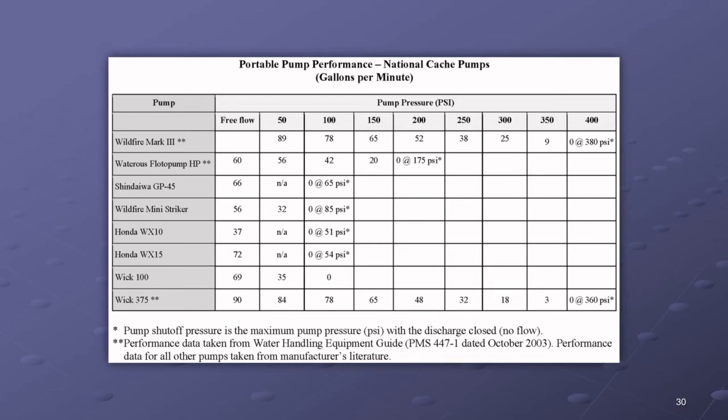So we'll focus on the Mark III at the top just because everybody's familiar with it, and that'll work for us. If I'm looking at the top there, it gives me a pump pressure. Free flow is basically building 0 PSI. It's just free flowing out of the pump head, which would theoretically be maximum volume.